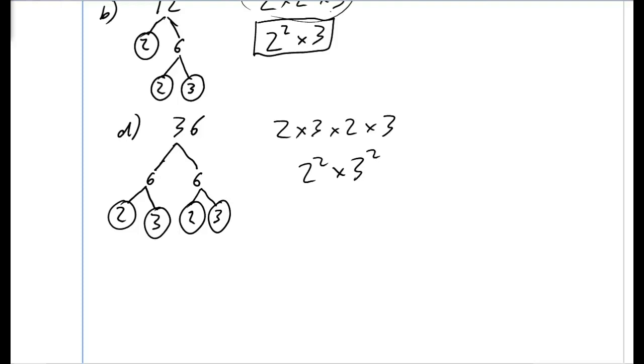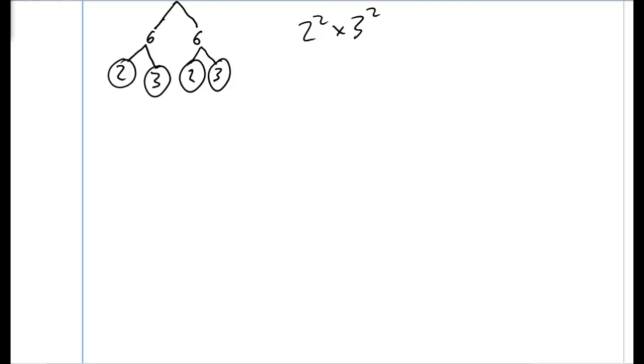I'll do one more. Say you have G, 68. All right, let's do this. That'll be 2 times 34. 2 is a prime number, so circle it. 34, let's see, what goes into 34? 2 times 17 is 34.